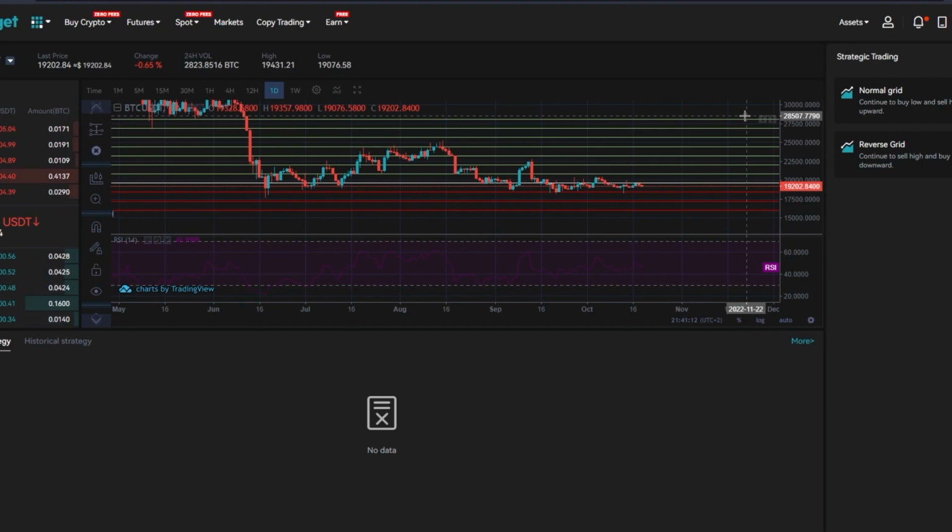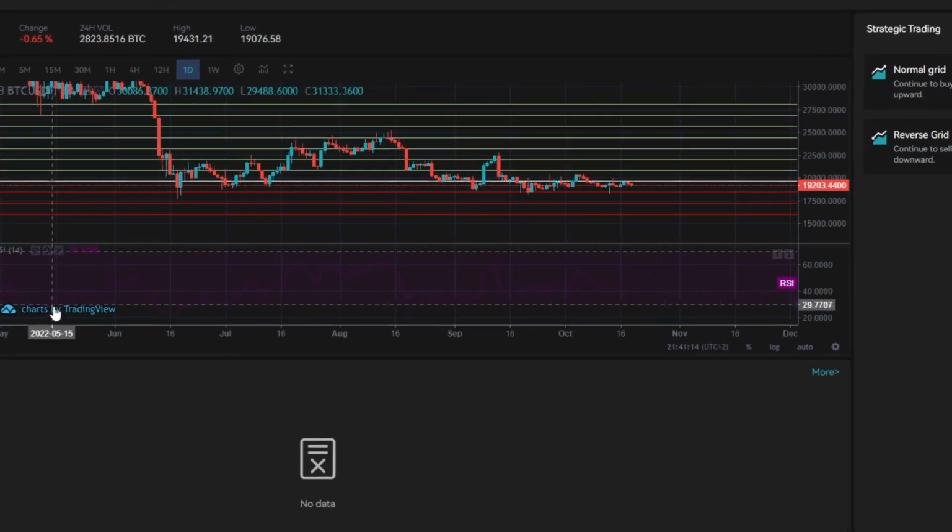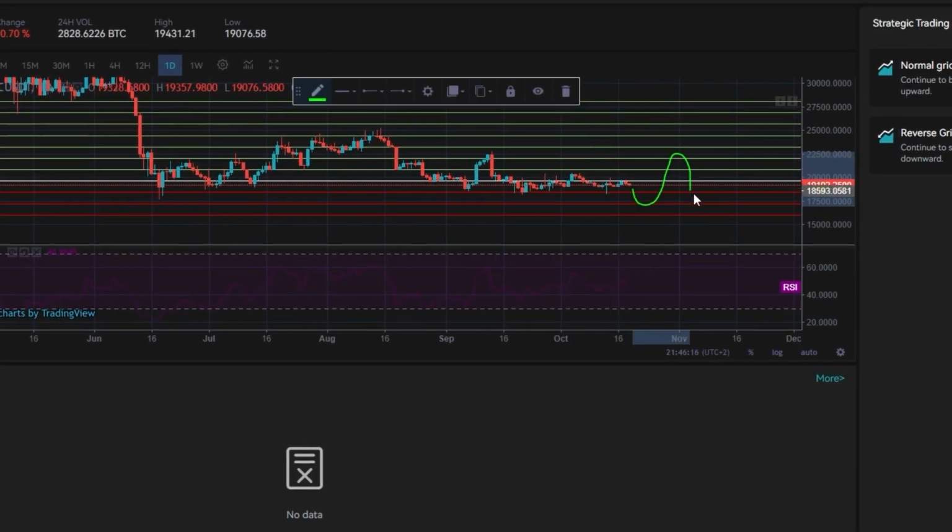Now, let's imagine the price to fluctuate like this. Up and down, and then down again, and then like this. What would happen in a grid trading environment is that there would be a buy here, and then those positions would be sold here and here and here.